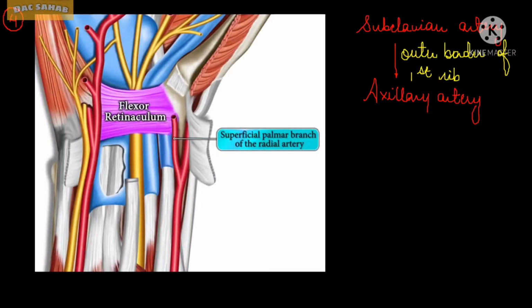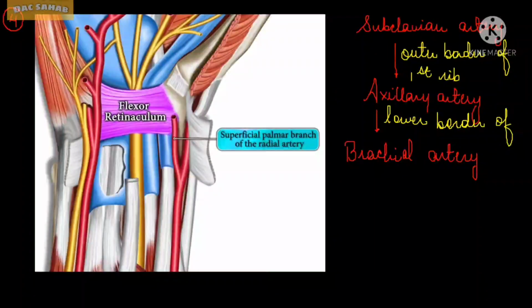The axillary artery continues as brachial artery from the lower border of teres major muscle.